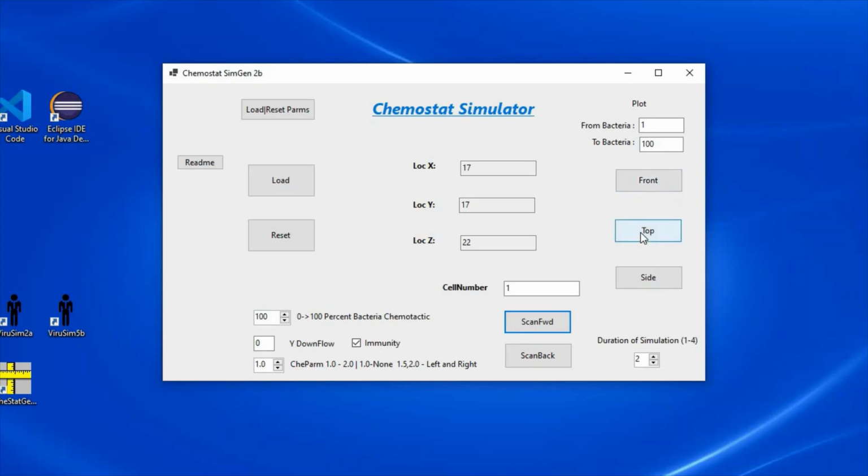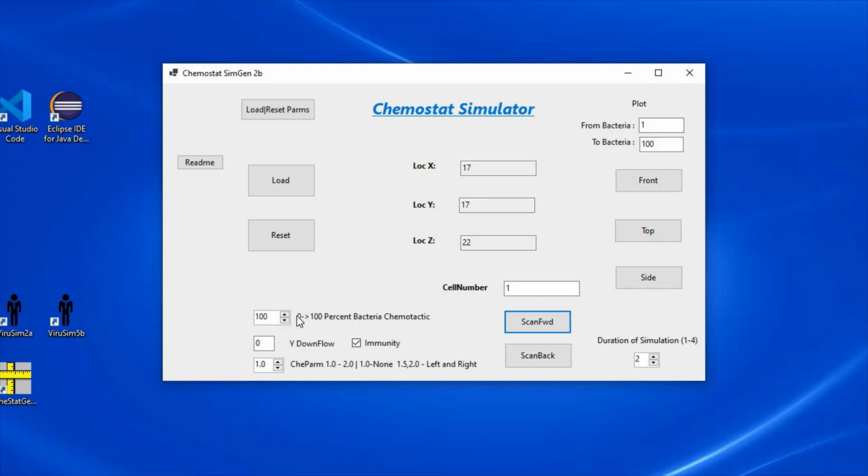Then we have the top, looking at it through the top, and then the side, which is similar to the front. This is the location of a single bacteria. Here we're looking at bacteria number 1 to 100. This can be up to 1 to 5,000.